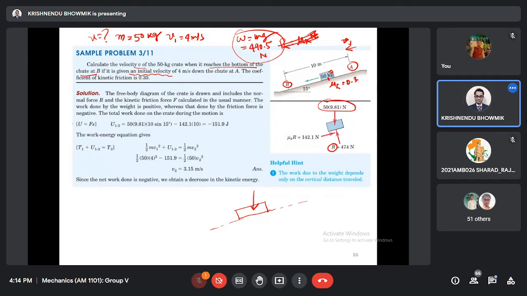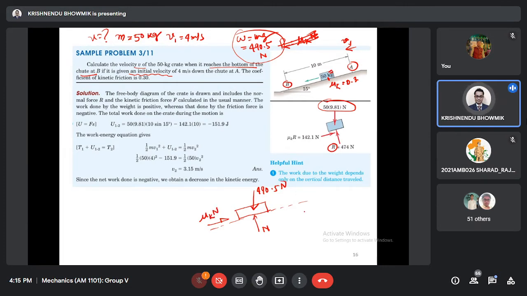Okay. Next is, we know only this value. Then this is 490.5 Newton. This is N. This is mu k N. Okay.